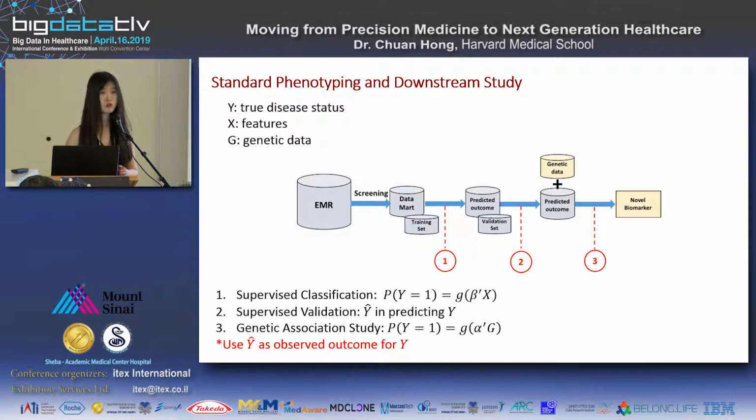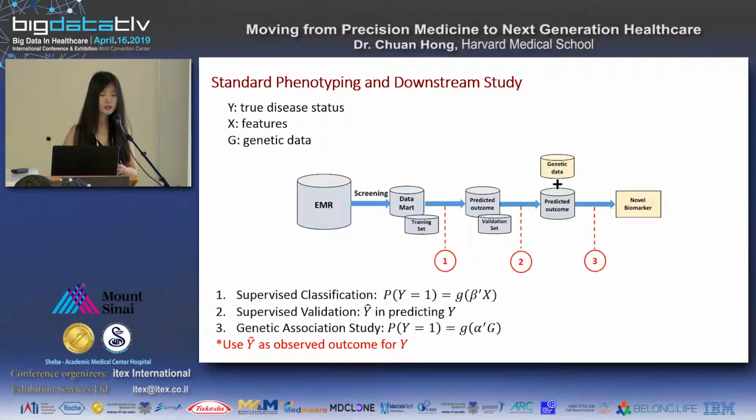After that, we do validation. We compare with the gold standard label and see how well our model works. If the model is validated, then we do the downstream study, that is a genetic association study or phenome-wide association study. Some details about these three steps.